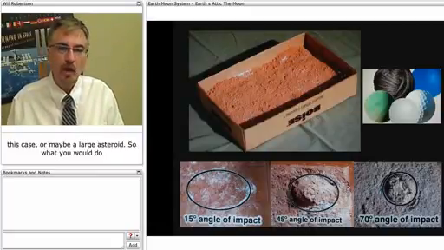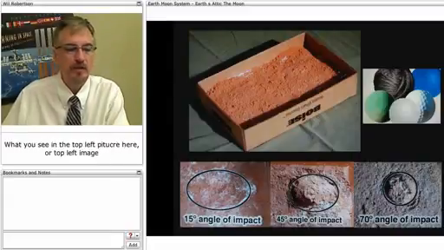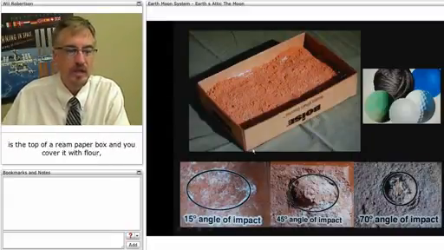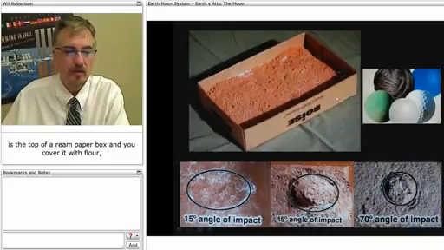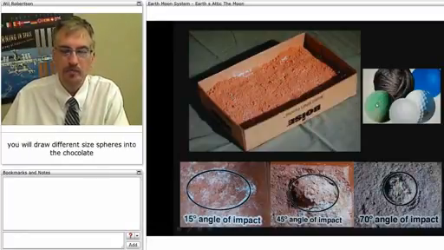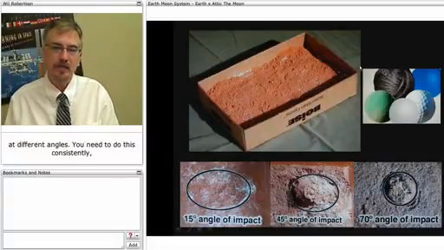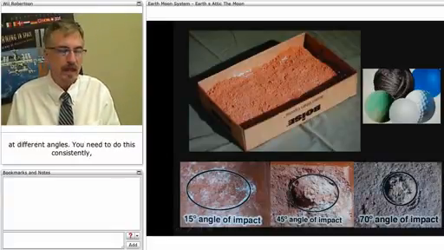And so what you would do is simulate a cratering process. What you see in the top left image here is the top of a green paper box, and you cover it with flour, and then with powdered cocoa, or chocolate, and then you will drop different size spheres into the chocolate at different angles, and you need to do this consistently.